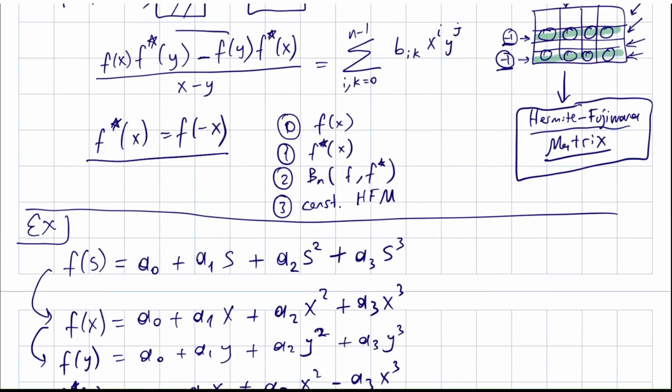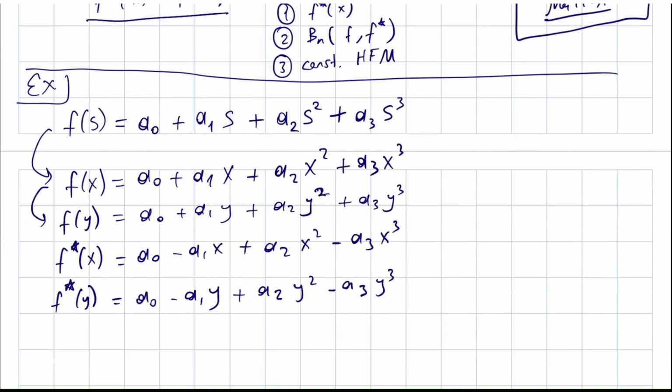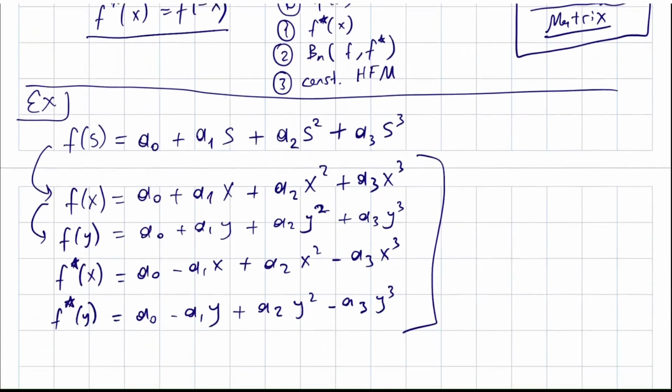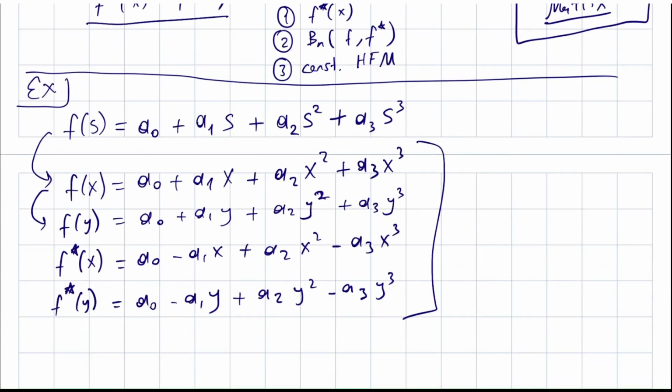Of course, we are not going to do that inconvenient computation, and we will use MATLAB for that. And then we are going to construct our Bezout matrix, and then we will do this basic row operation, and then we will have our Hermite Fujiwara matrix.